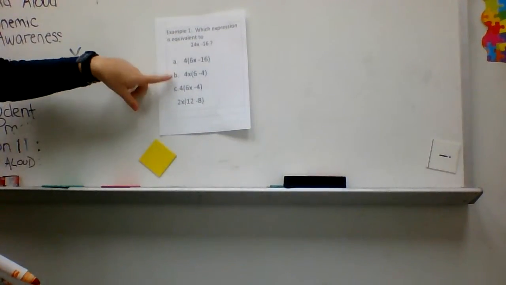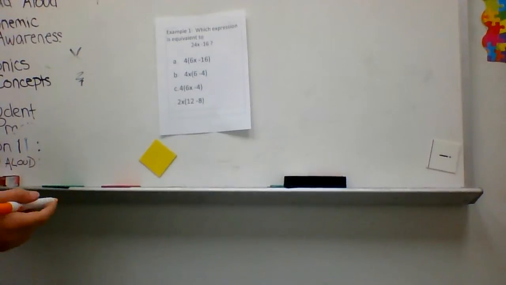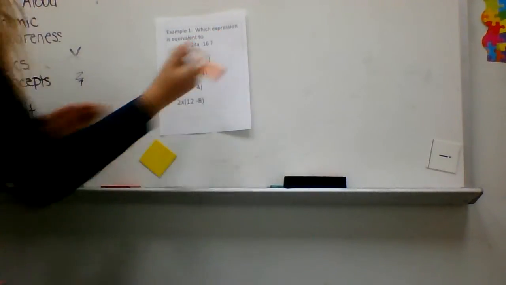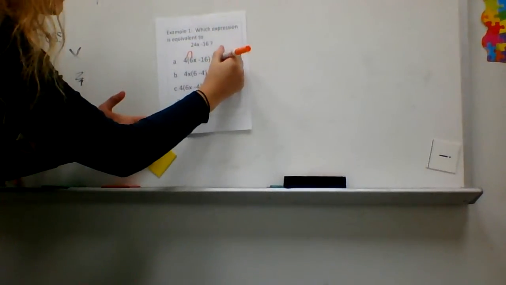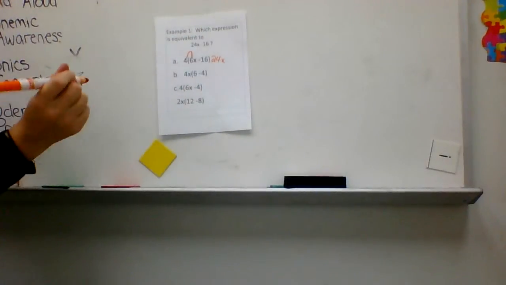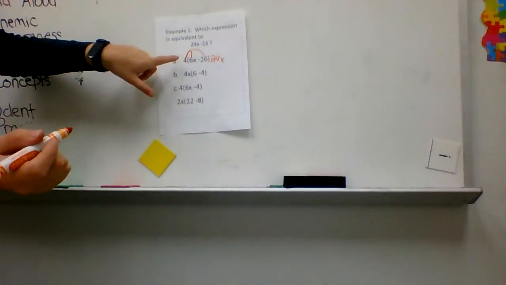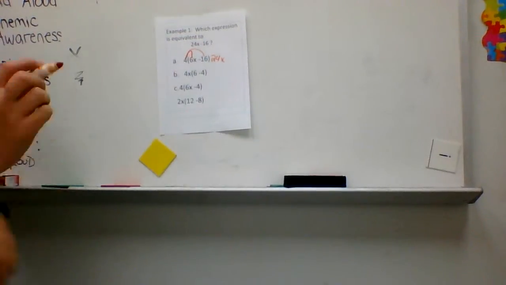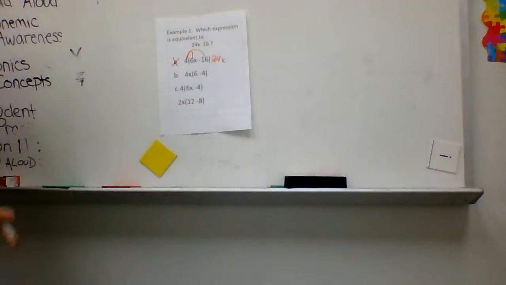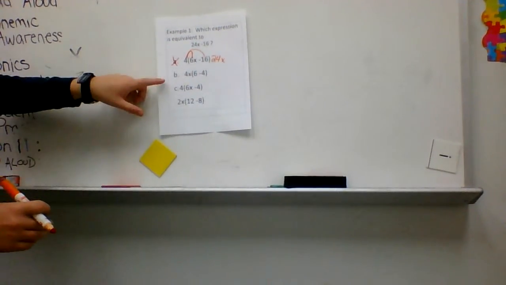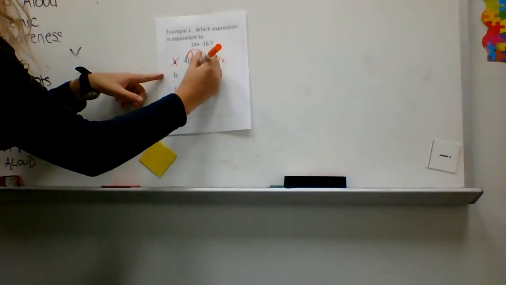I'm just going to try and distribute each of these and see which one works. 4 times 6x, that gives me 24x. That matches. But then I must also do 4 times negative 16. Well, I'm looking for a negative 16, so 4 times negative 16 is going to be too big. A does not work. B, 4x, I'm going to multiply that by 6.